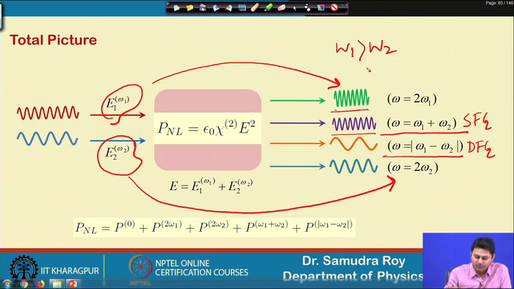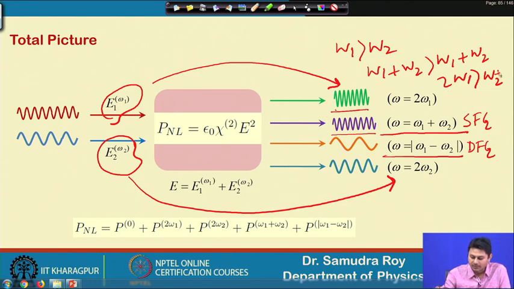So, this frequency will be higher than omega 1 plus omega 2. That is why the frequency is represented in this way.